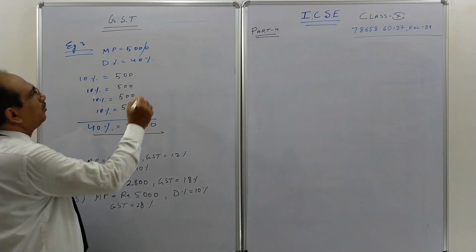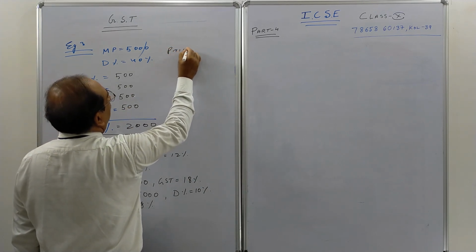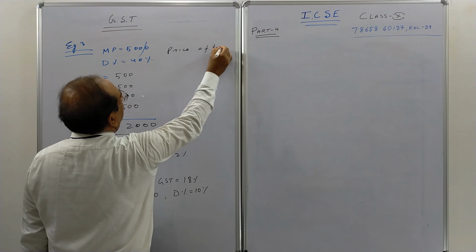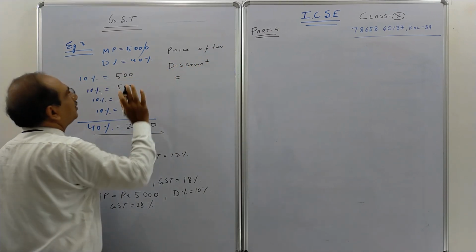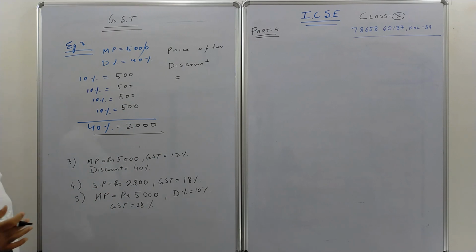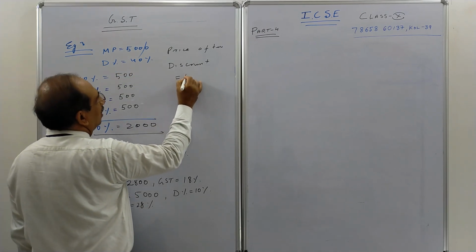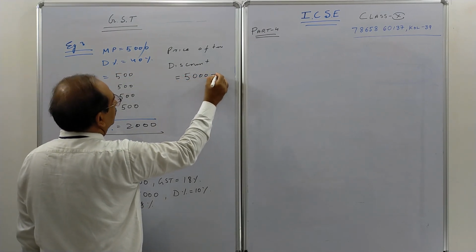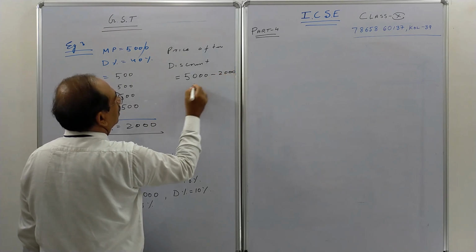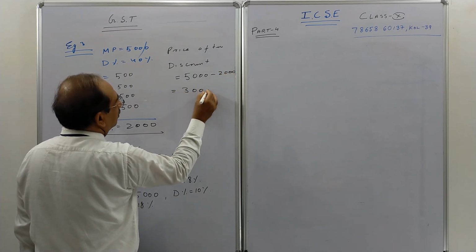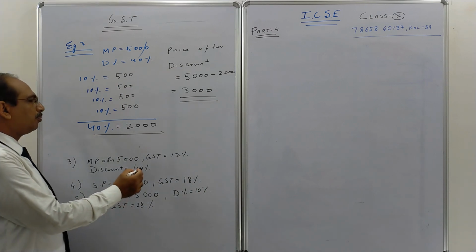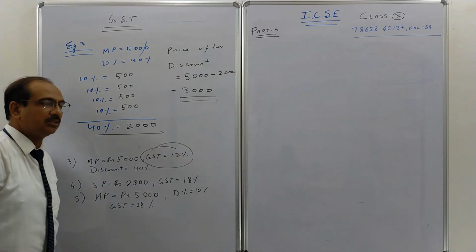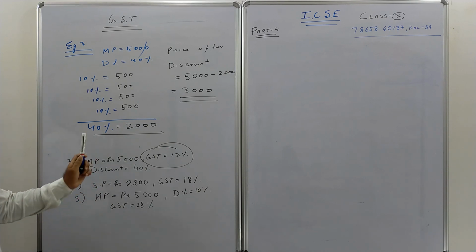So what happened? Price after discount. Try to understand this, children. 5,000 they are saying. Off season lot of discount is 40%. So 5,000 minus 40%, 2,000. That shopkeeper is giving me the product for 3,000. So before I apply GST of 12%, you have to find the discount of 40%. Traditional method you know already.